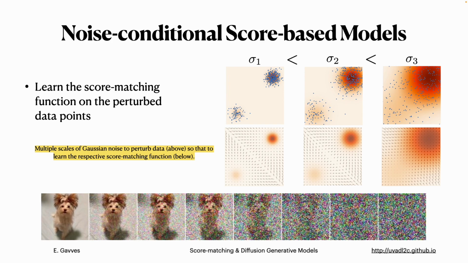Once you learn the score function, you start adding some more. And once you converge, you add more noise. Basically, this is literally like adding noise to your images. You start from your images, you add some noise, and then some more, and then some more. How many scales? That is a hyperparameter. How much noise you add per scale? That's also another hyperparameter.